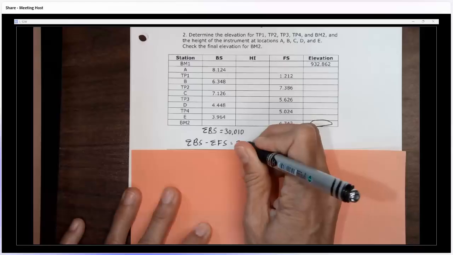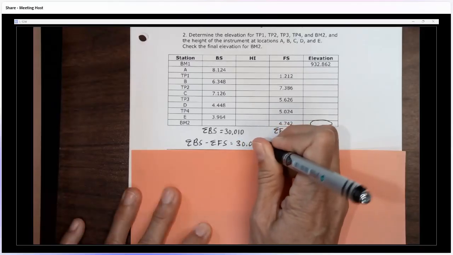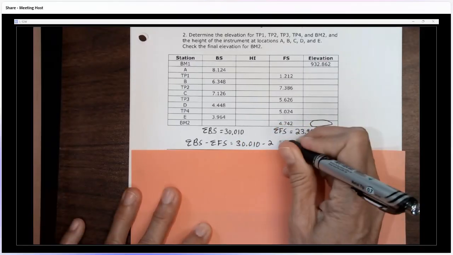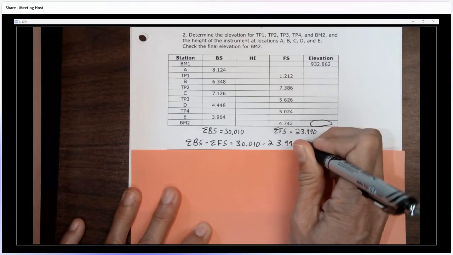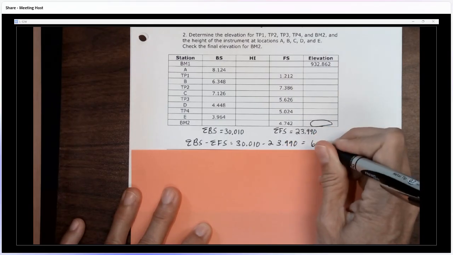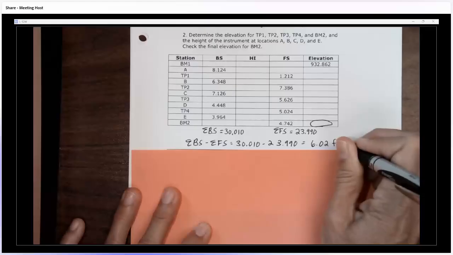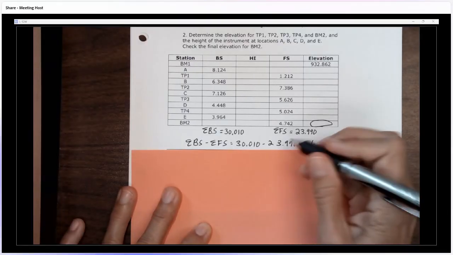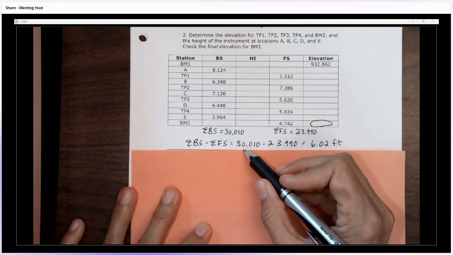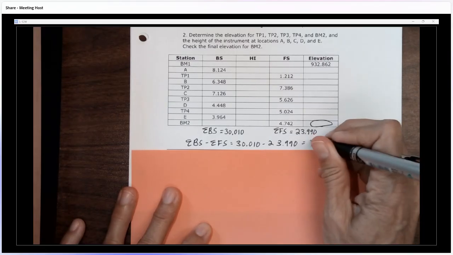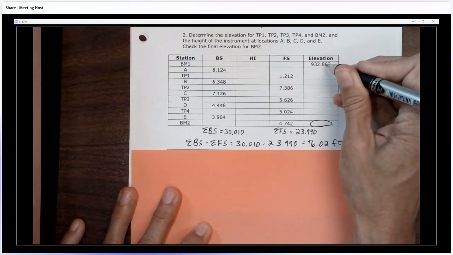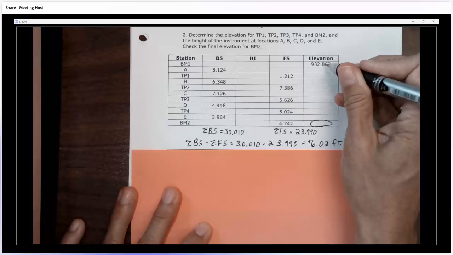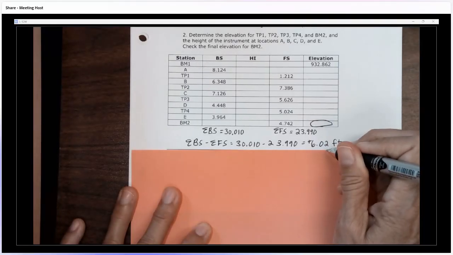So that becomes 30.010 minus 23.990, and that is 6.02 feet. And this is positive because the foresights are less than the back sights. So that means that I need to take my starting elevation and add that distance to it.